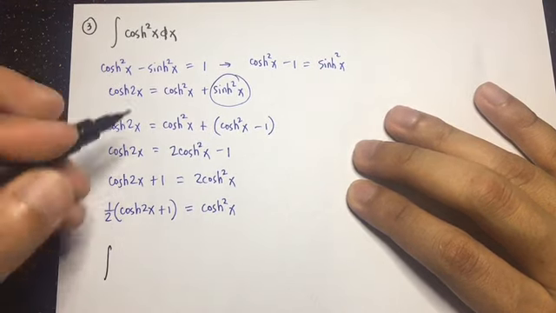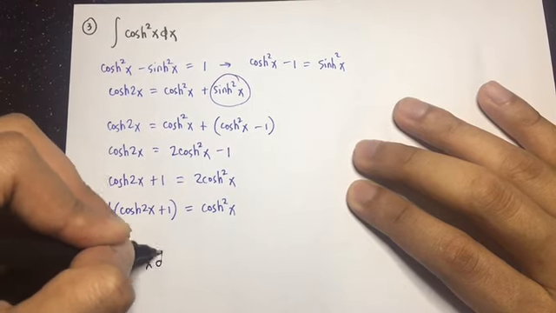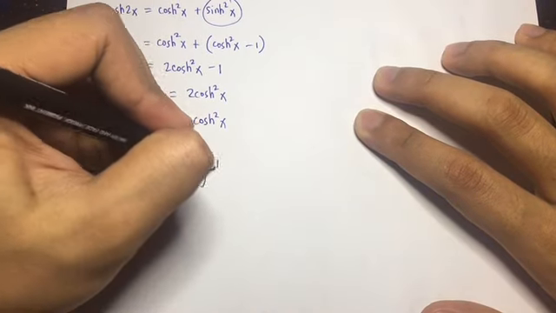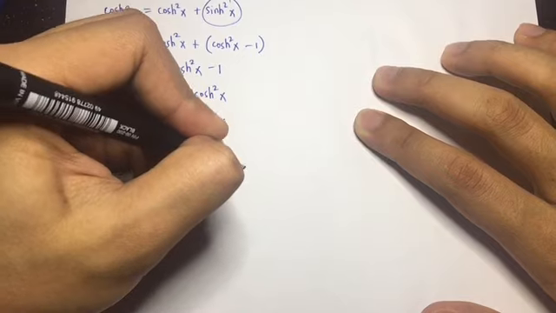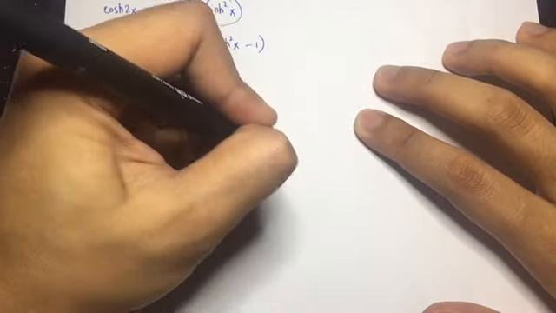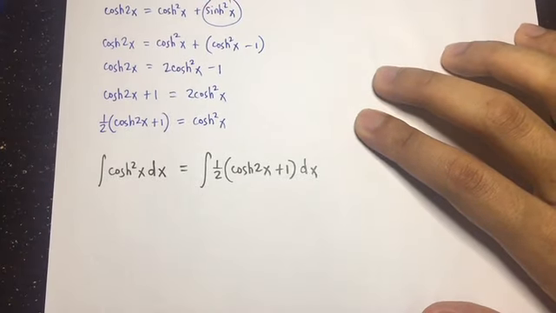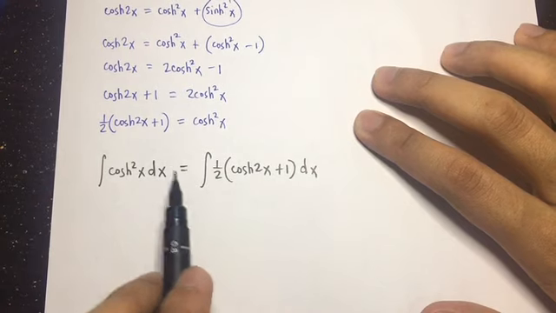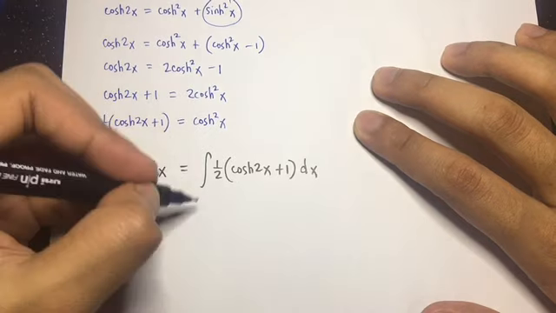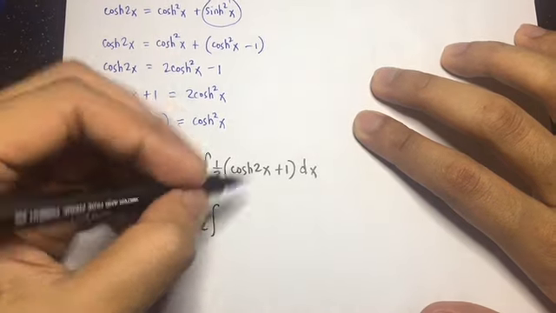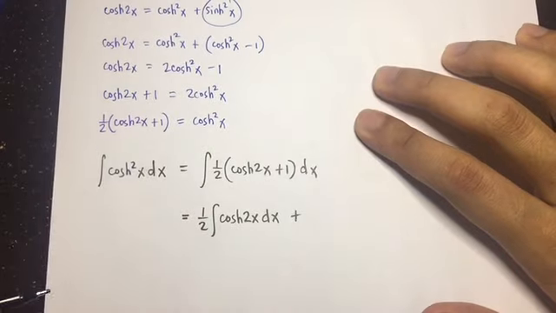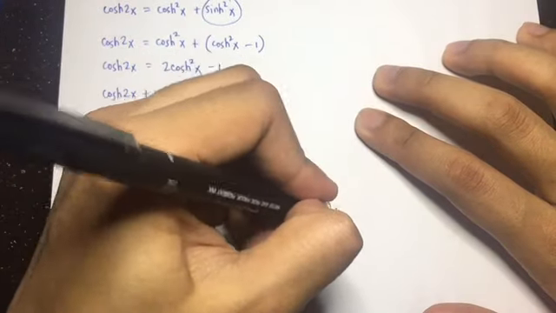So the integral of hyperbolic cosine squared of x dx is equal to the integral of 1/2 times hyperbolic cosine of 2x plus 1 dx. Distributing the 1/2, the integral sign, and the dx, and since 1/2 is a numerical coefficient, we can write it outside the integral sign. So this will become 1/2 integral of hyperbolic cosine of 2x dx plus 1/2 integral of dx.